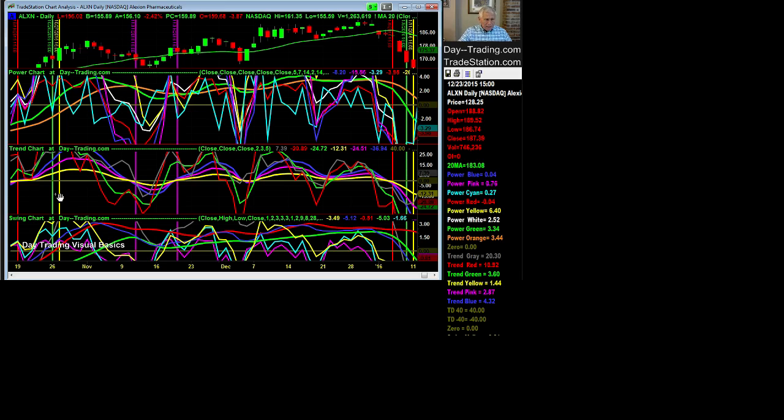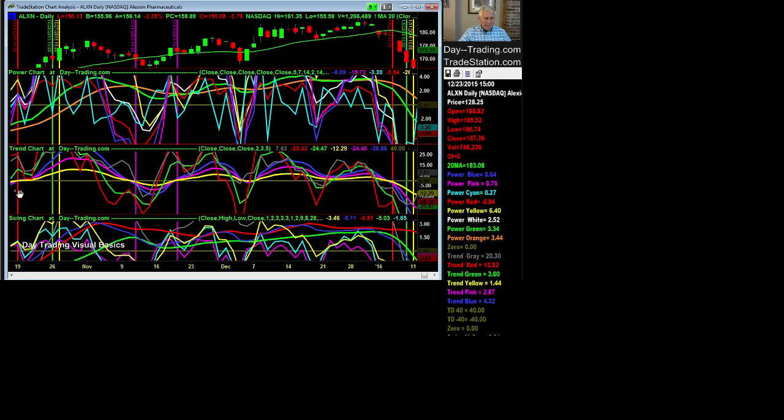The green line that we see here is the first day that the power green crosses over the zero line. The green line over here is when the power green crosses under the zero line. The red line is when your trend trio, the yellow, pink, and blue, crosses underneath the zero line.